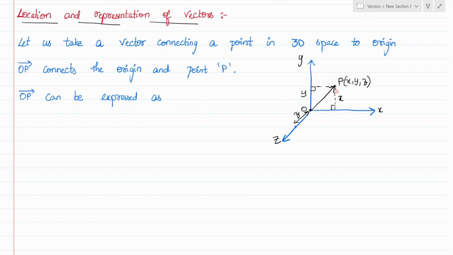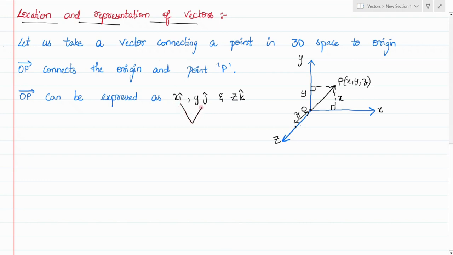x is the perpendicular distance from P to the x-axis, y is the perpendicular distance from P to the y-axis, and z is the perpendicular distance from P to the z-axis. So here OP can be expressed as x i cap, y j cap, and z k cap.